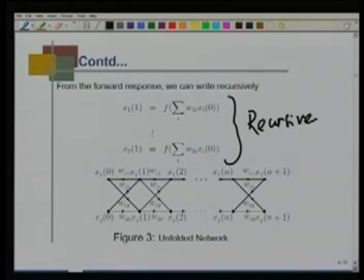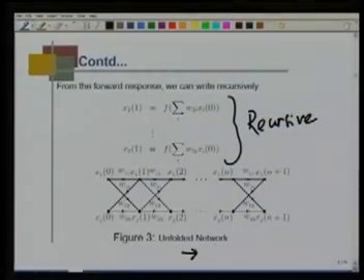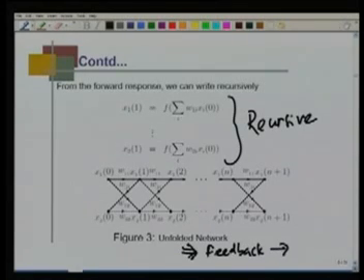The objective here is that we convert a feedback network to a feed forward network. So, unfolding a network means converting a feedback network to feed forward network, that is the objective of unfolding.